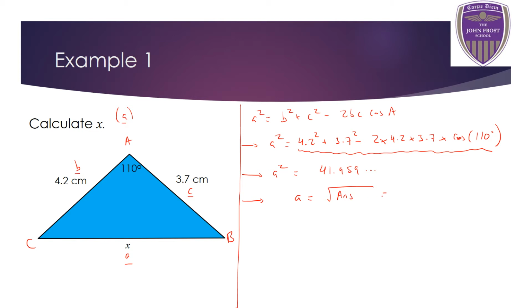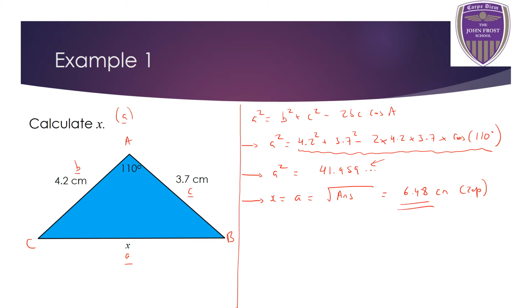All right, if you haven't got a scientific calculator, just leave this on the screen and just push the square root button. It should do it for you, okay? So when I do the root of the answer, I get that A is 6.48 centimeters to 2 dp is the length. And remember, this was actually called X. And with that, I'm done.